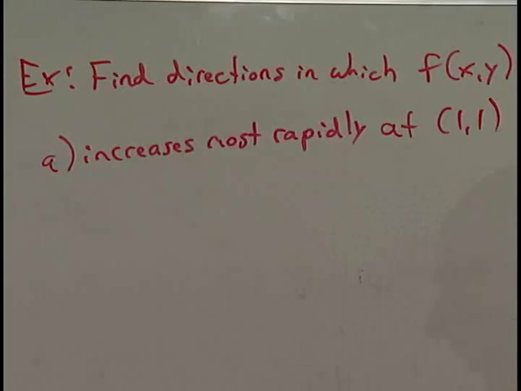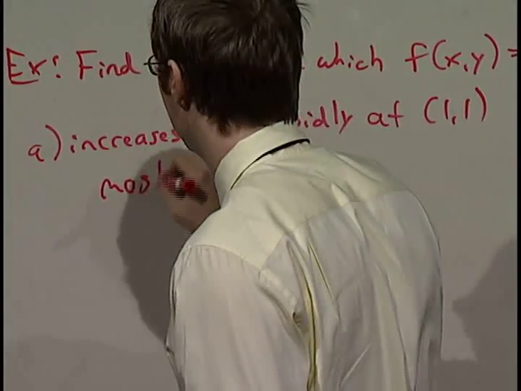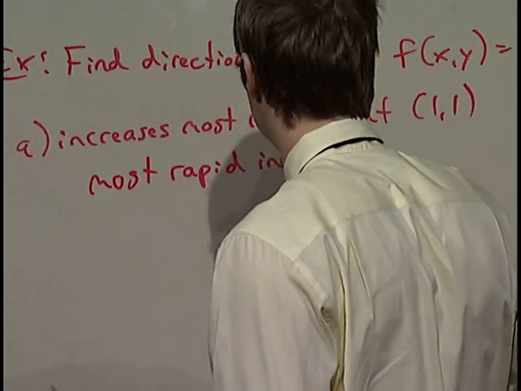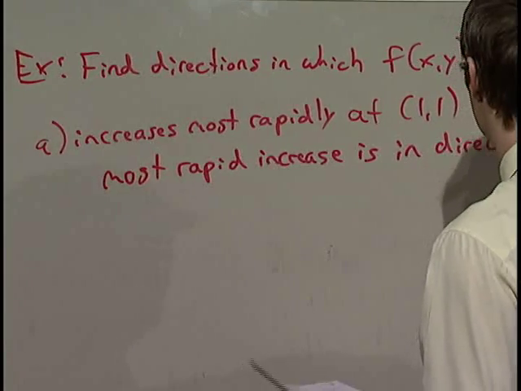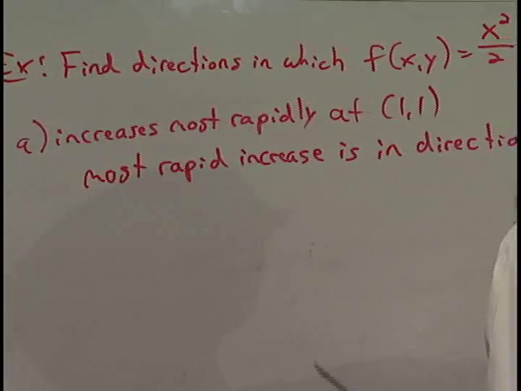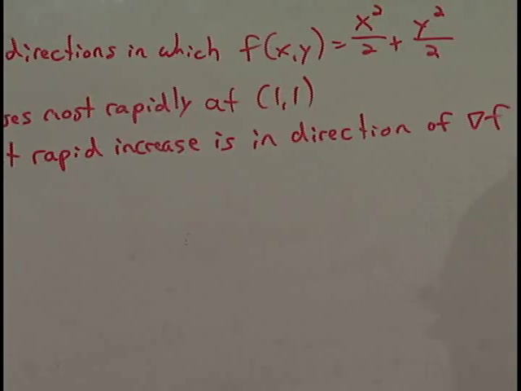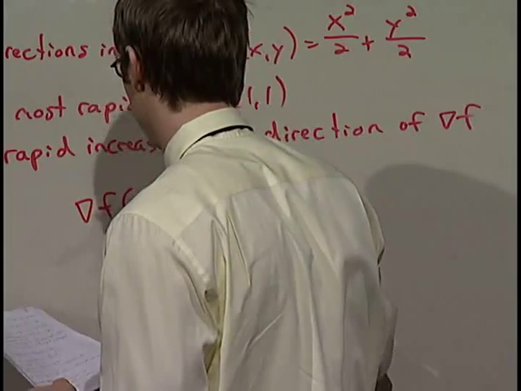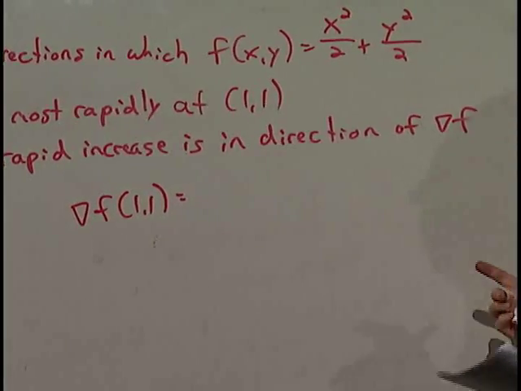Okay. Well, remember that the most rapid increase is in the direction of grad f. All right? Well, let's get grad f and get its direction then. So grad f at 1, 1. Well, the derivatives here are pretty easy.